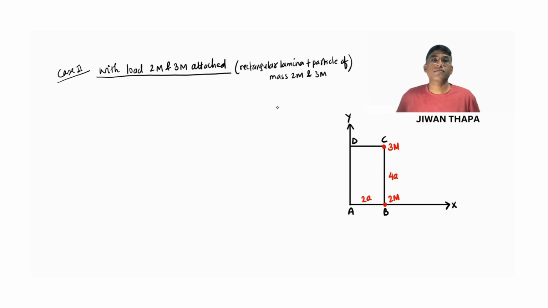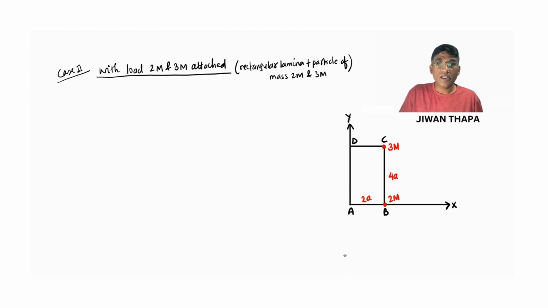We are considering both the loads attached to the rectangular lamina. So we have to consider the rectangular lamina without load, and the rectangular lamina with load attached, because we are attaching 2m and 3m on the uniform rectangular lamina. So we need to take the rectangular lamina plus the load attached.